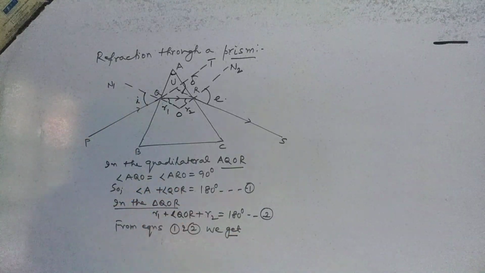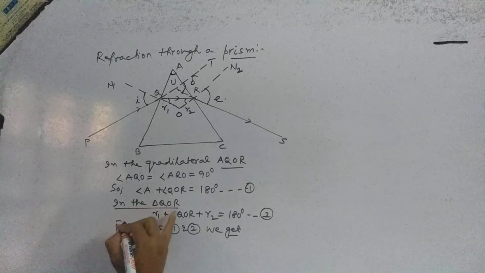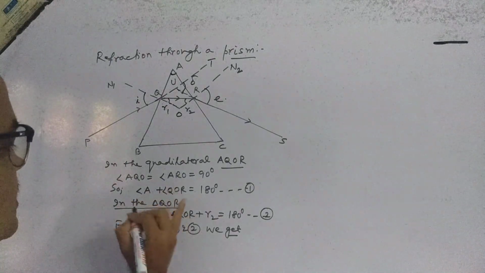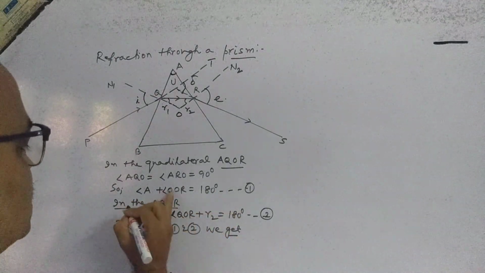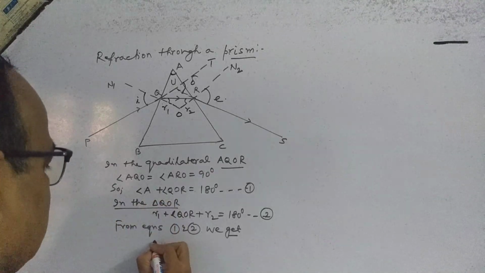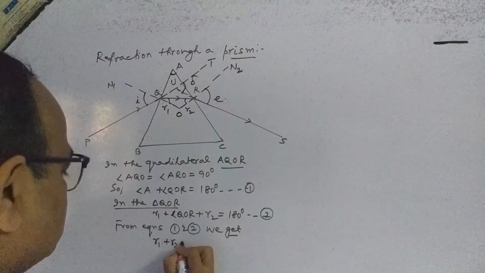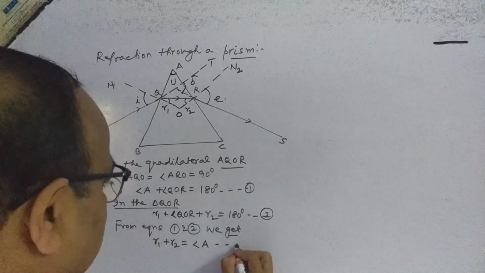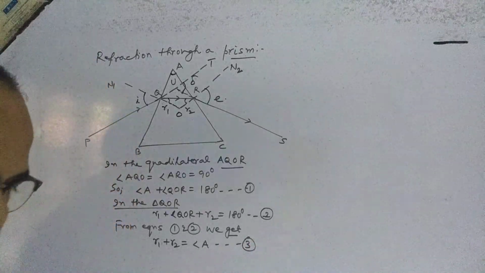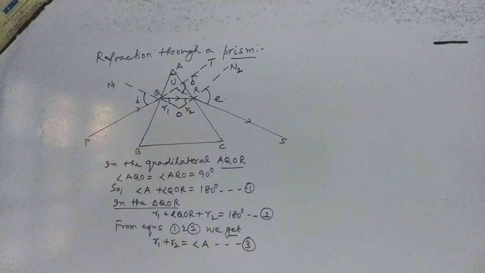The right sides are equal, so QOR cancels, and R1 plus R2 is equal to angle A. I write this as equation number 3. See this, this is equation number 3. R1 plus R2 is this value.